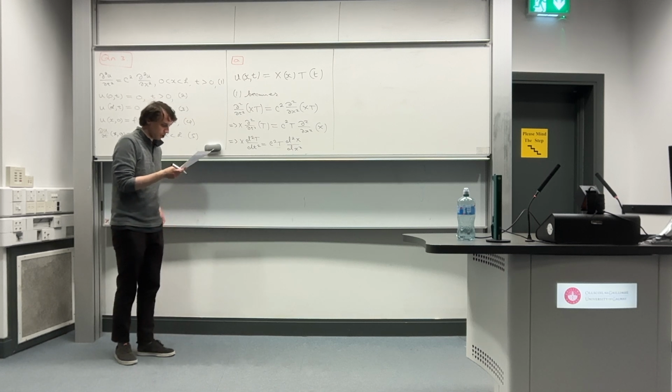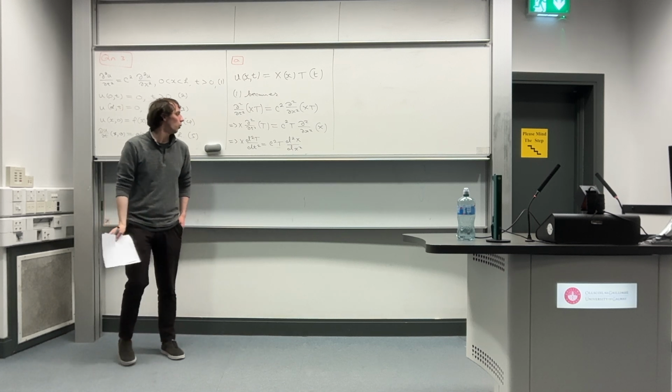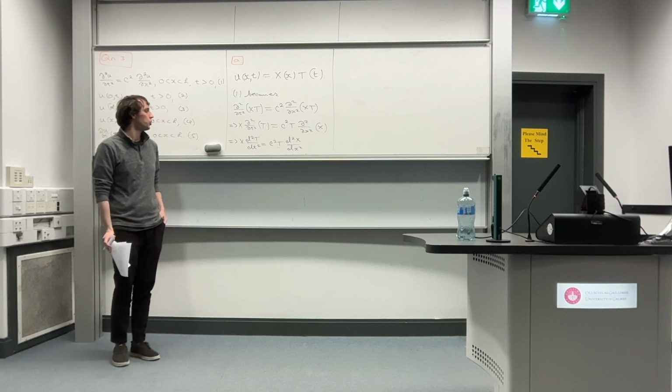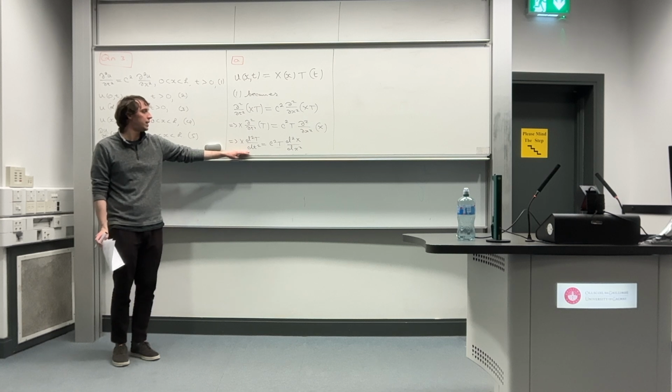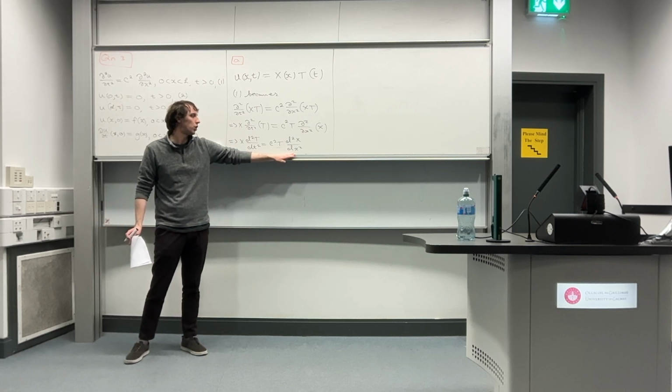Okay, so what we want to do is write the left hand side as a function of t only and the right hand side as a function of x only.